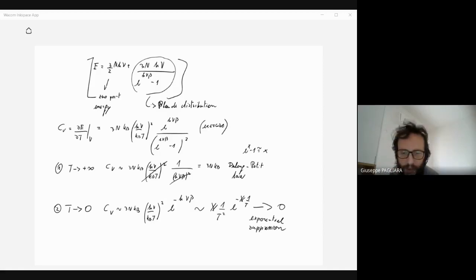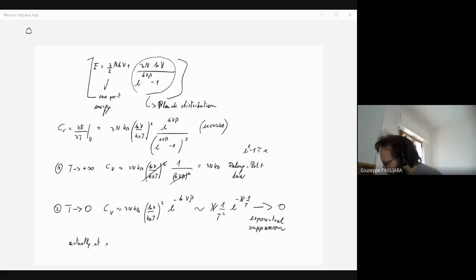Although the exponential suppression is too fast, and actually you probably know that the correct behavior is that the heat capacity should scale as T to the power of 3 for the real solid, which is the Debye model of solids. Okay, so let me write it down.